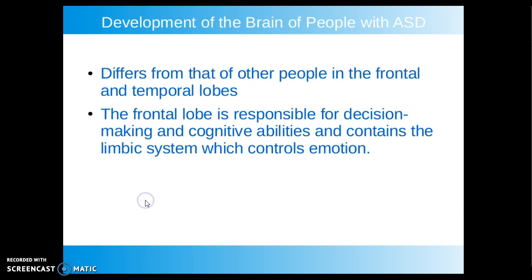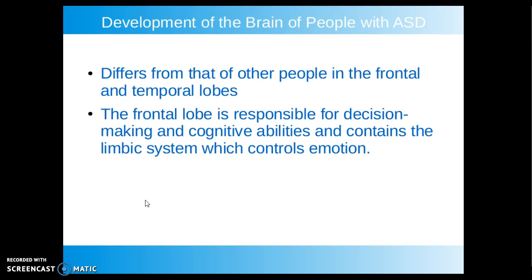Development of the brain of people with autism differs from that of the average person in the frontal and temporal lobes. The main one I'm going to focus on is the frontal lobe, mainly because the frontal lobe is responsible for decision making and cognitive abilities, and it also contains the limbic system, which controls your emotions.